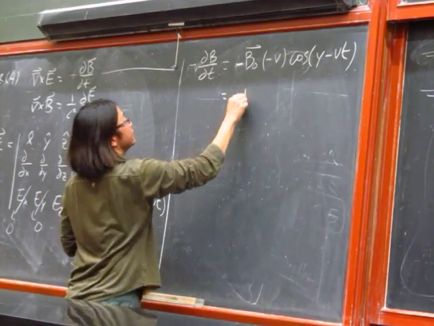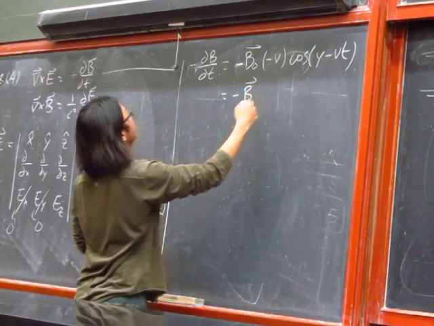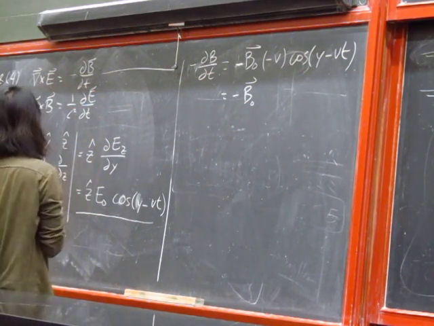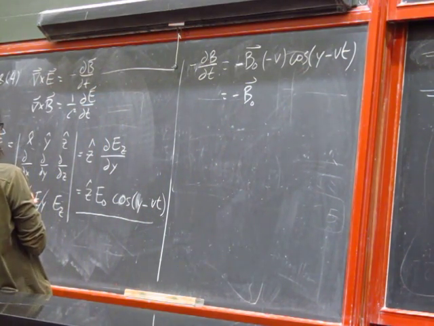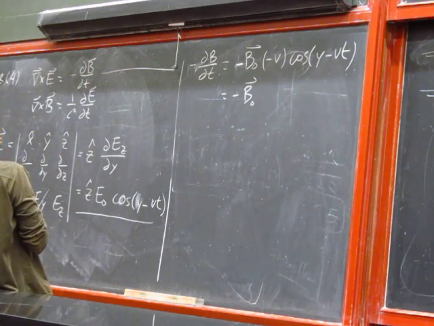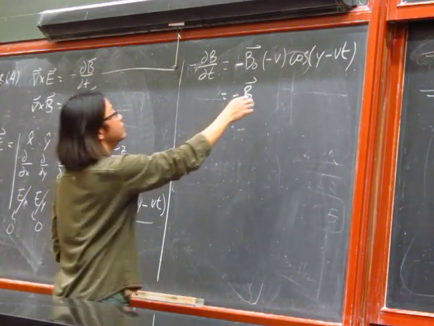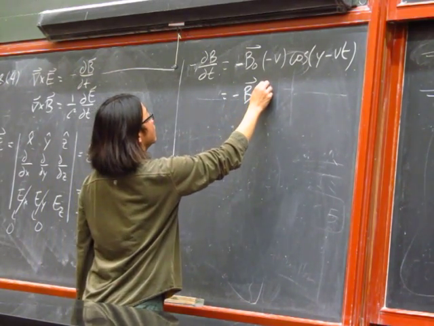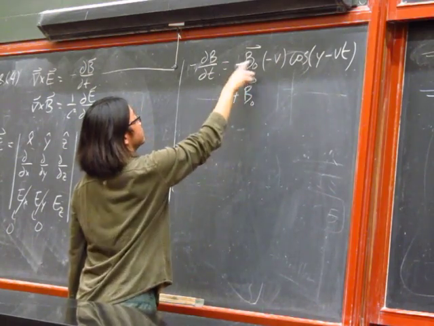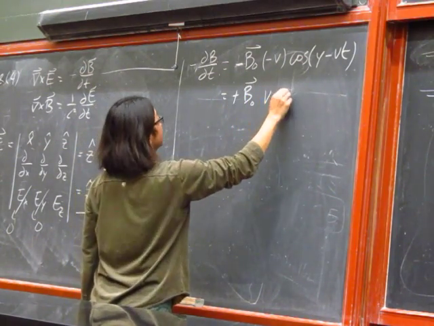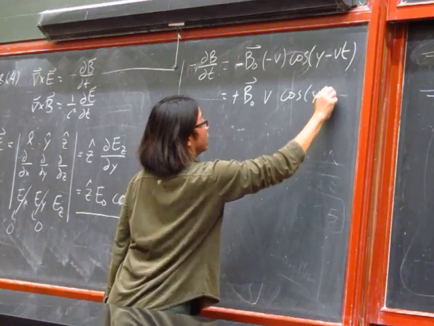So this becomes minus B naught. The minus cancels that minus, so this becomes plus, times cosine of (y minus vt).